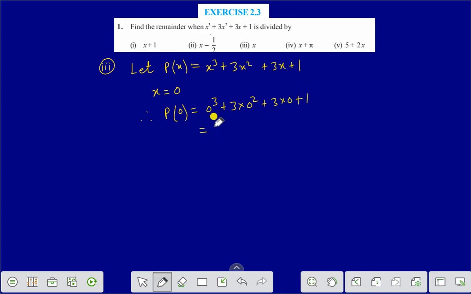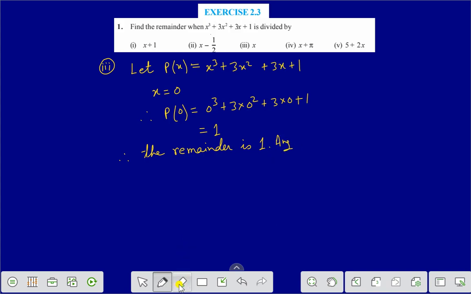Therefore we are getting p(0) as 1. Therefore the remainder is 1, and that is the answer.